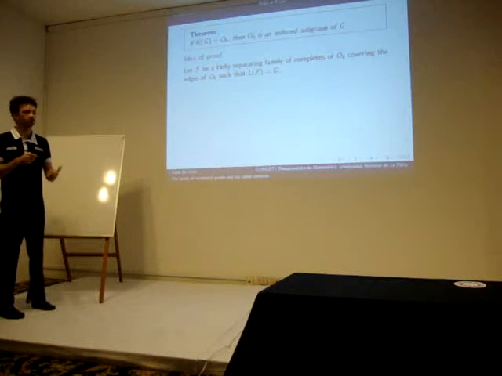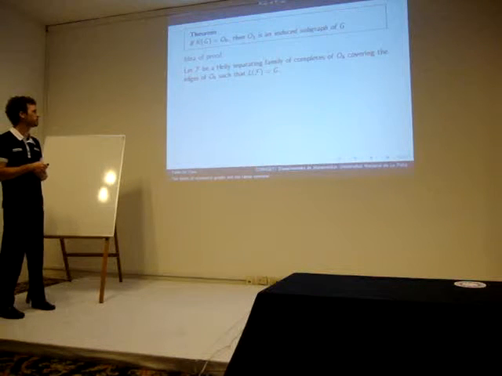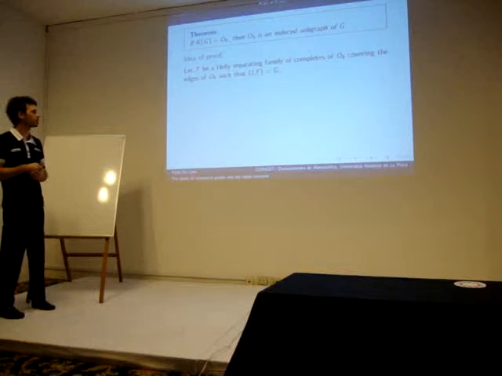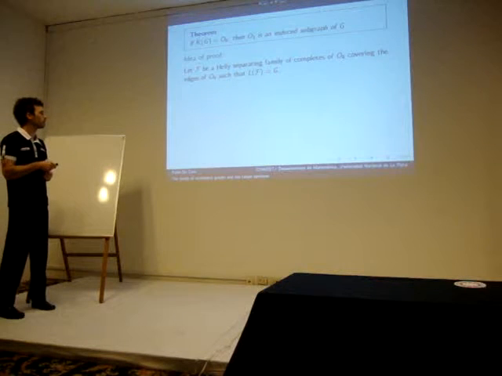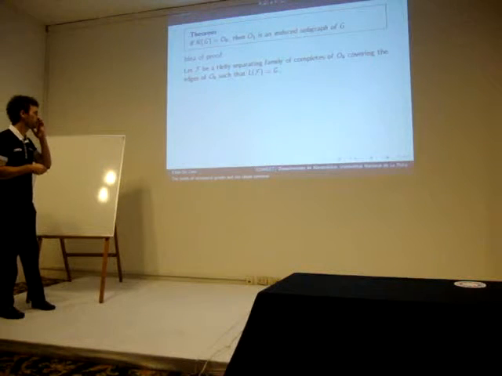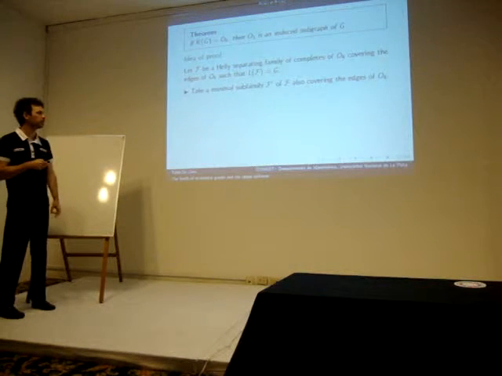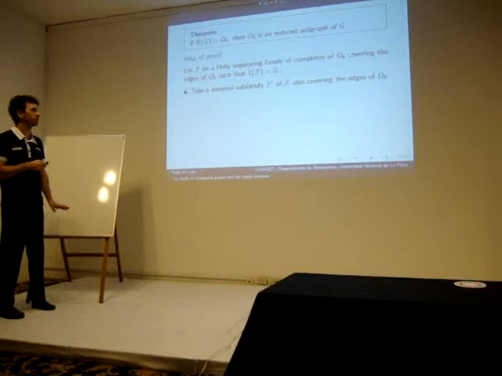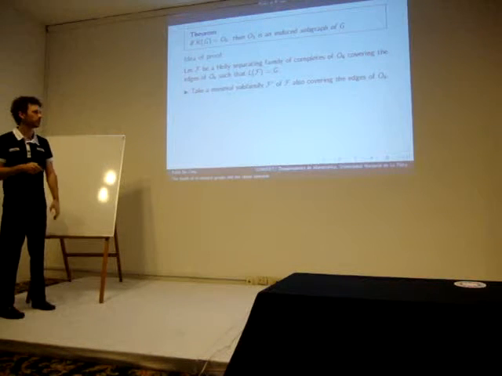We use the theorem of the previous slide, so we can take a family F that is Helly, that is separating, that the members of the family are complete, and that all the edges of O4 are covered, and the intersection graph of this family has to be G. Now we will have to take a minimum subfamily F prime of F that also covers all the edges of O4. It is even possible that F prime and F are the same families.